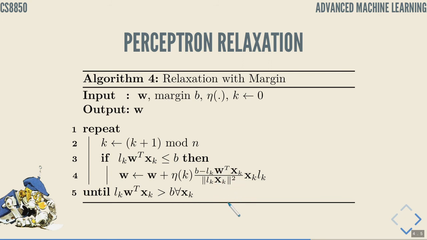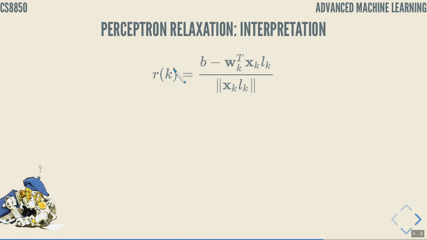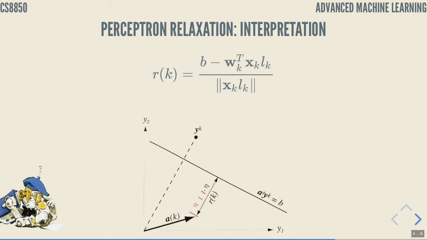The smoothness has a geometric interpretation. If we define R_k as this ratio, which is our derivative without the additional L_k X_k, then R_k is the distance to this hyperplane, which is defined by Y_k. Again, a reminder: Y_k is L_k times X_k.